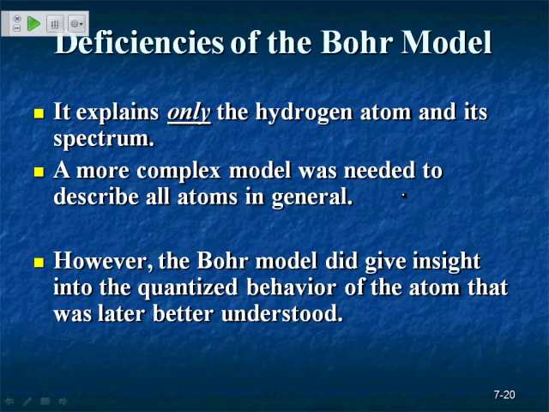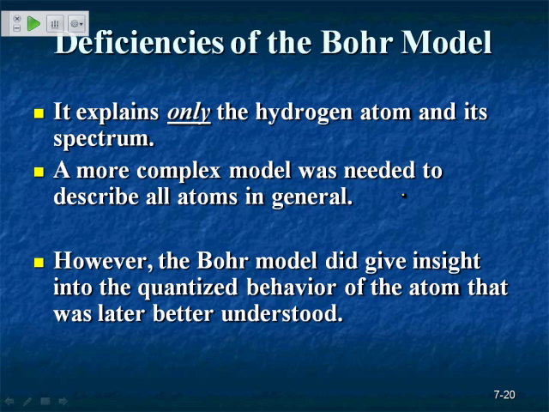He could keep track of one single electron in hydrogen, where it is coming back, how much energy is released and where it would show up in the line spectra. But all atoms in general he could not explain, so we needed a more complex model which would generalize everything. But this actually is the foundation, the stepping stone for us to develop the modern view of atomic theory.